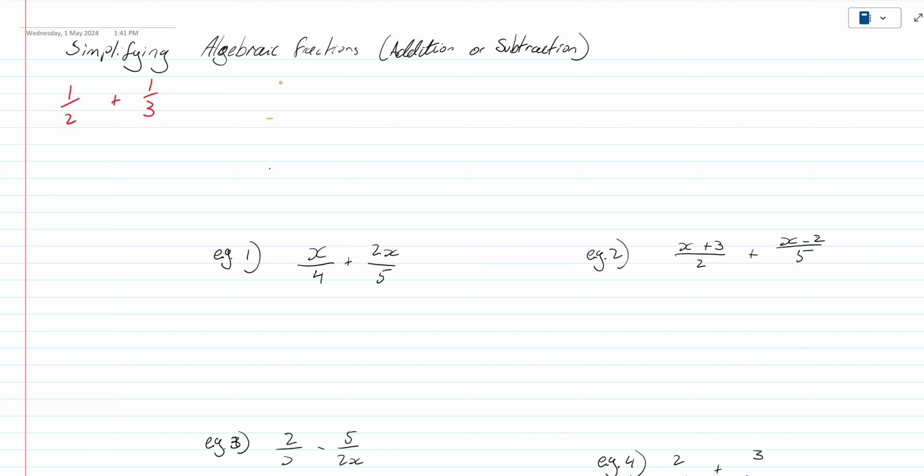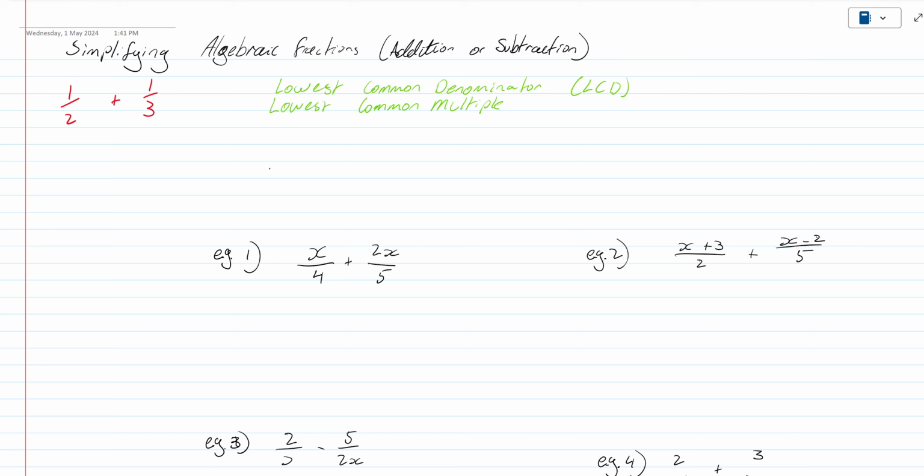So to find the common denominator, we have to recognize that the lowest common denominator is also referred to as the LCD, and the lowest common denominator is actually the lowest common multiple between your two denominators.